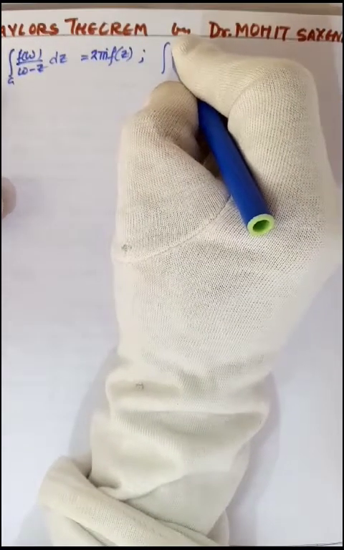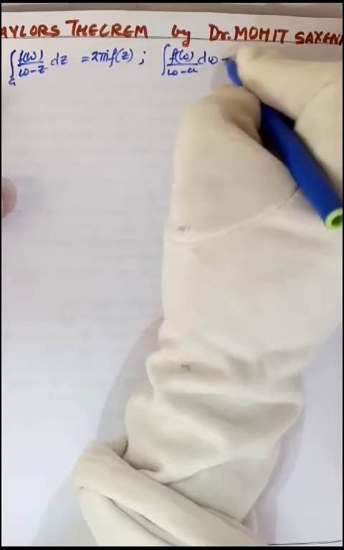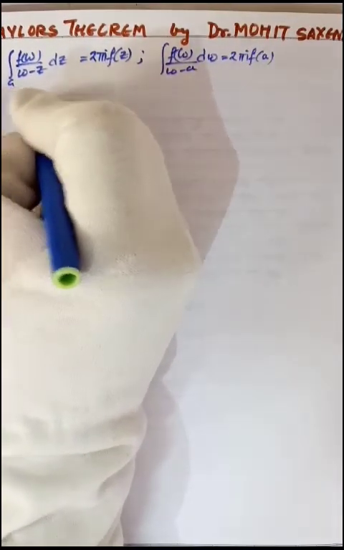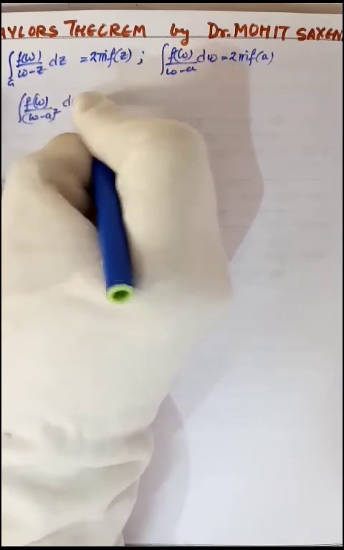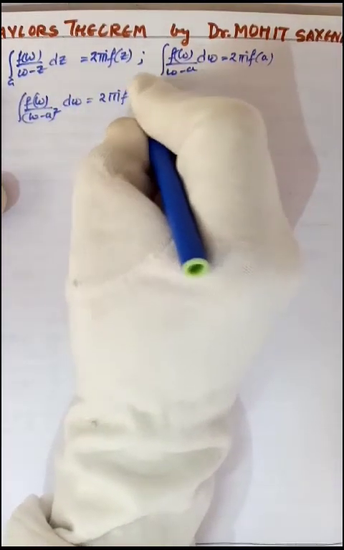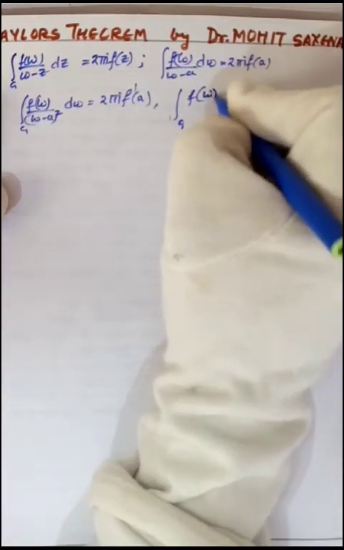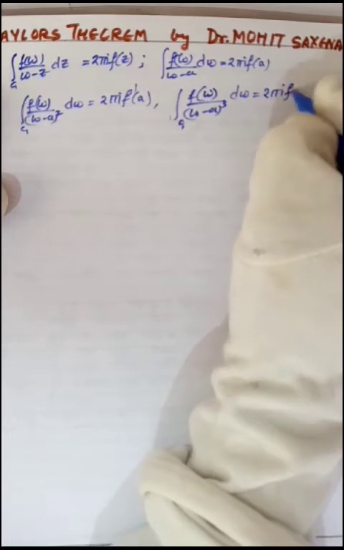Again, integral f(w) upon (w minus a) dw equals 2 pi i times f(a). Again, integral f(w) upon (w minus a) whole square dw equals 2 pi i f dash of a over C1. Integral f(w) upon (w minus a) whole cube dw equals 2 pi i f second derivative (a) upon factorial 2, and so on.